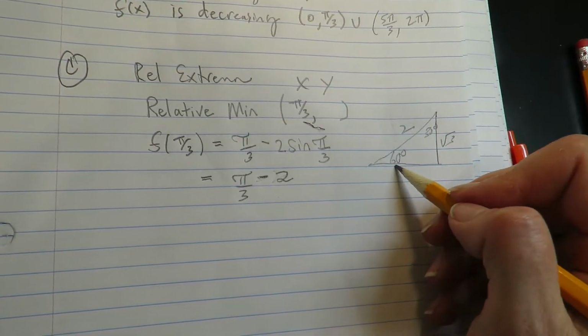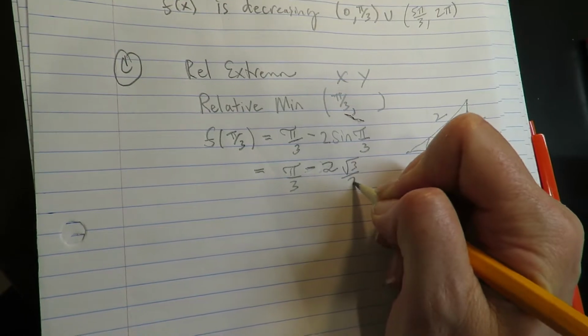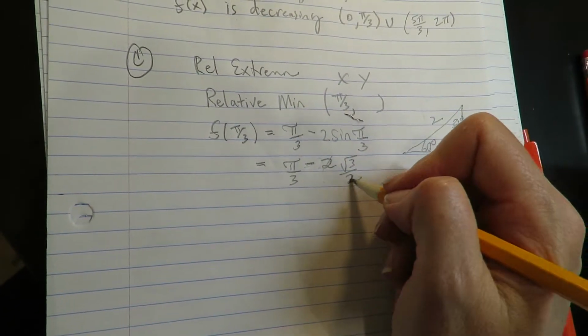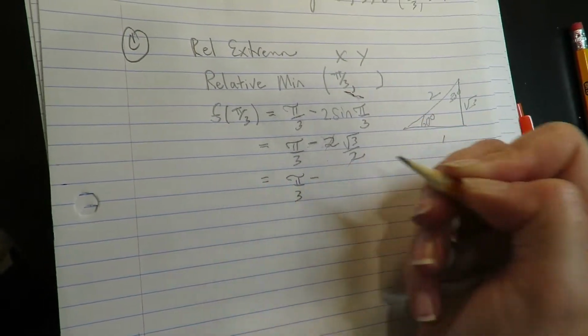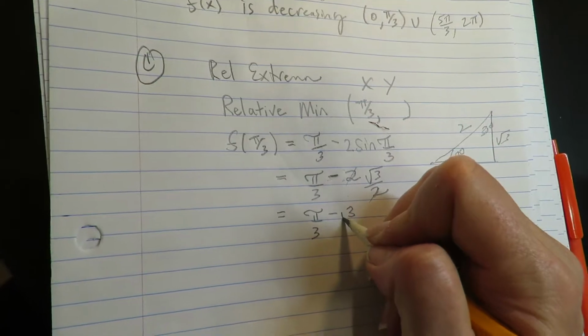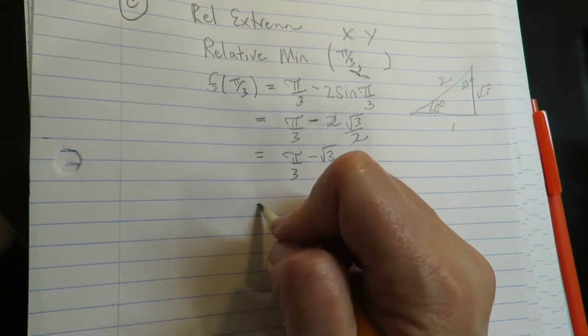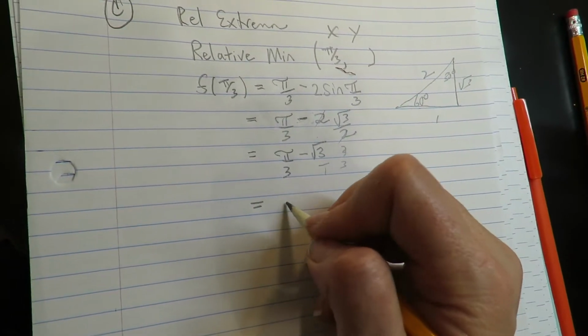The sine of 60 is opposite over hypotenuse, radical 3 over 2. It just depends if you want to get an LCD or not.